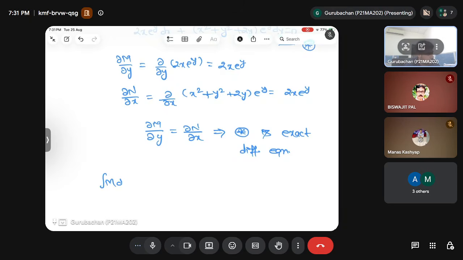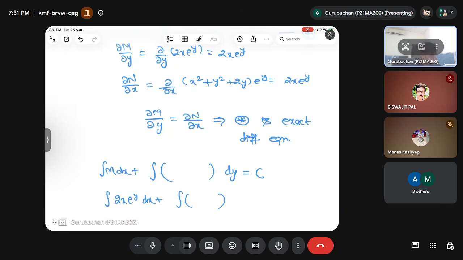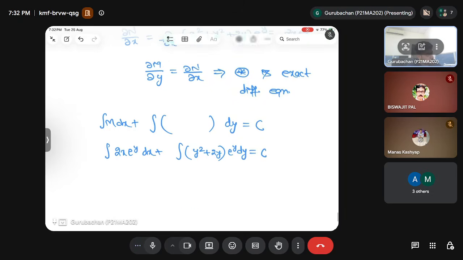Now if you know the exact differential equation, you know the solution also: integral of M dx plus the integral of those terms that are not containing x equals constant. What is M dx? 2x e to the power y dx. Those terms that are not containing x: y square plus 2y e to the power y dy is equal to constant. Any doubt?